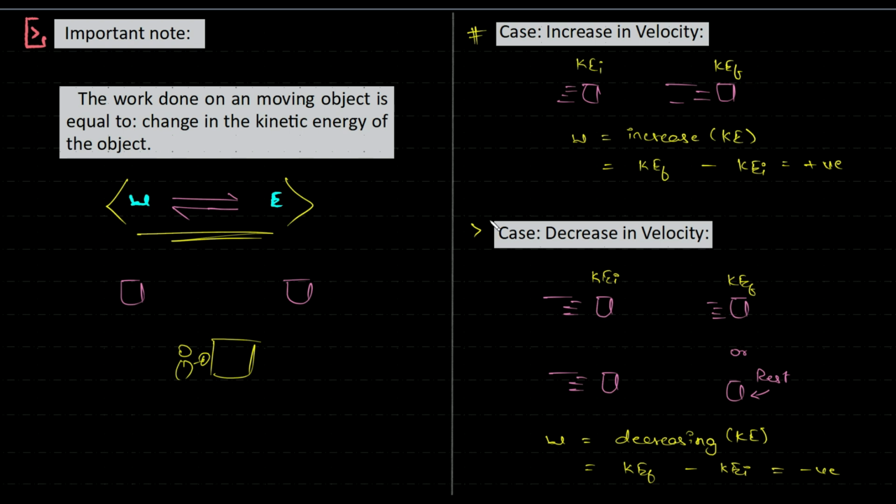Either you are looking at an increase in velocity after doing the work, after applying some kind of force, or it can be a decrease in kinetic energy. Obviously, we are applying a force in the opposite direction of the motion. In both cases, it is the difference between the final and initial kinetic energy that is equal to the work that we do.